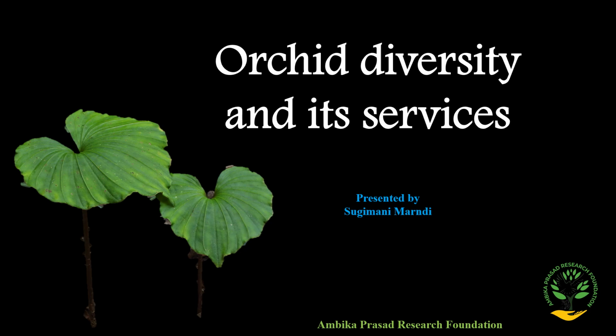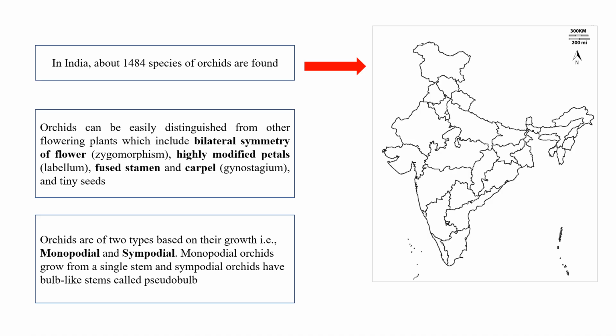So today we will discuss the topic of orchid diversity and its services, presented by Sugemini Marandi. As we all know, orchids play a significant role for many reasons, including ornamental value, their role in the ecosystem, and their medicinal properties.